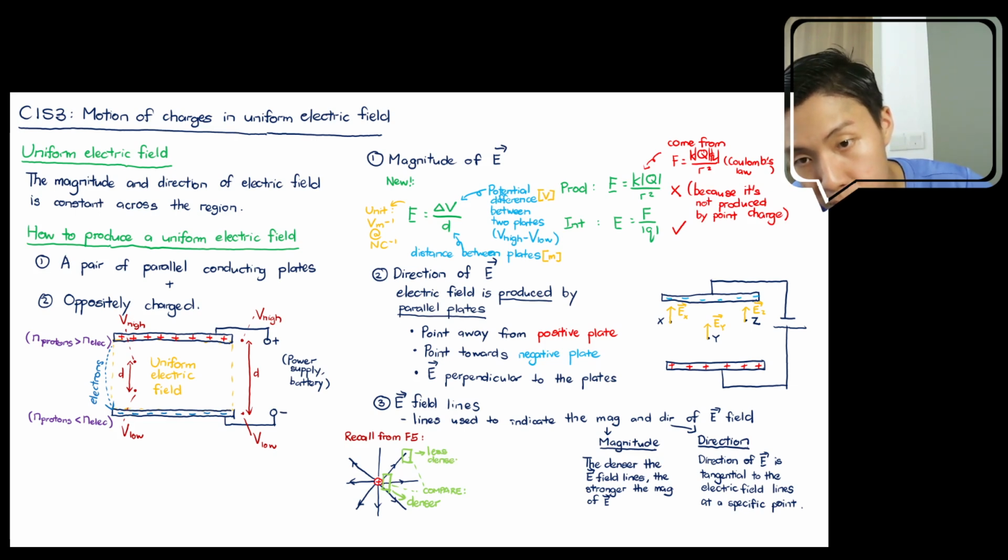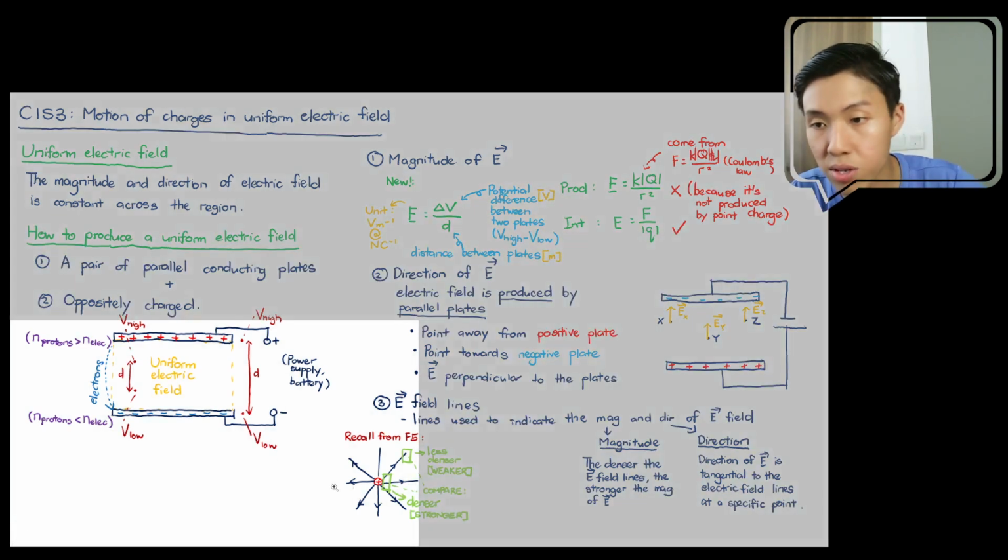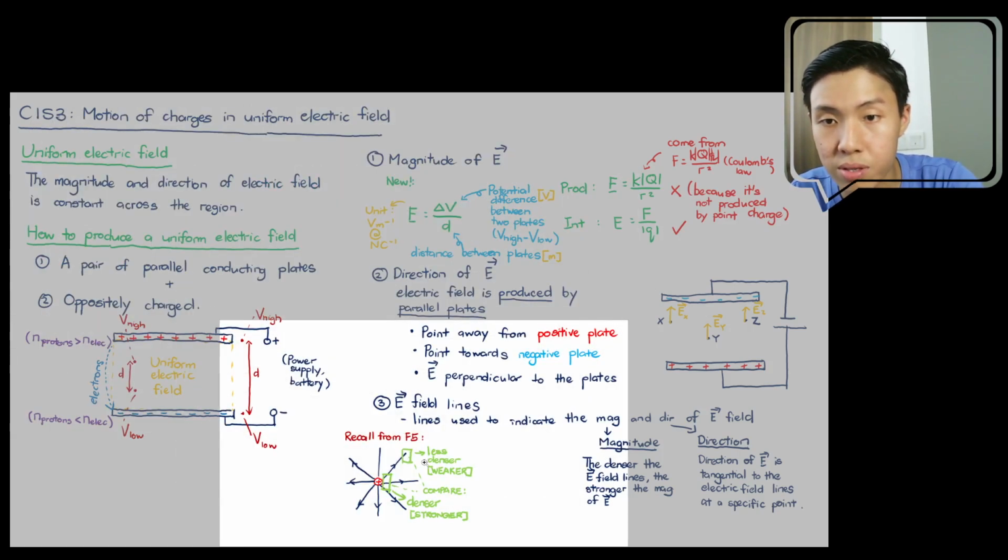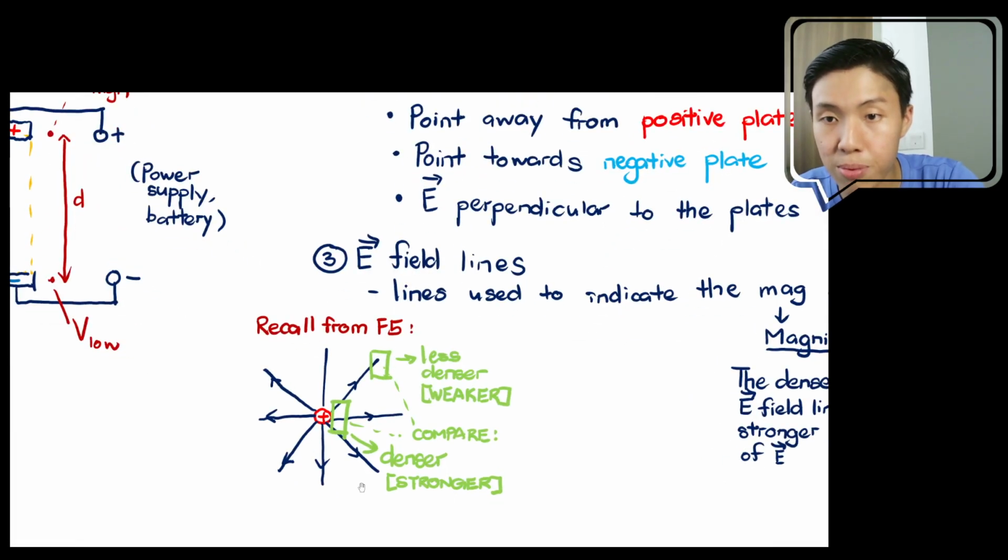So that means here you have a stronger electric field, whereas here you have a weaker electric field. Okay, let me zoom in a little so that you can see things clearly. This is your diagram over here.